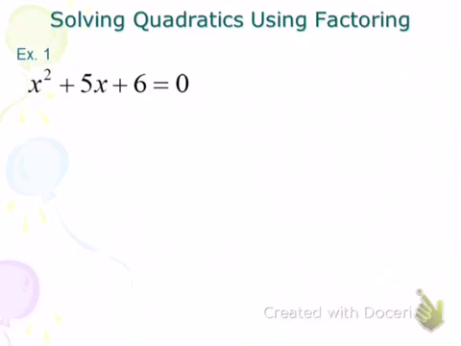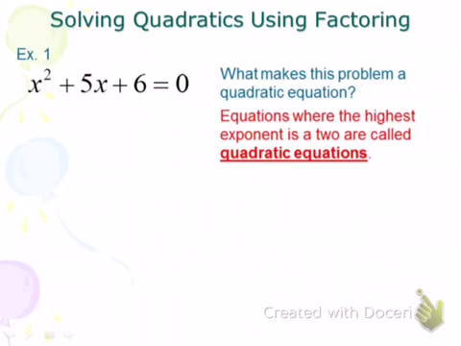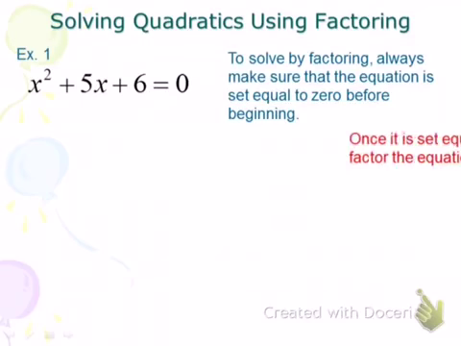So we have to remember our factoring skills here. This is a trinomial, so if you find the factors of 6 that add up to 5, what are the factors of 6 that add up to 5? 2 and 3. So this will factor as x plus 2 times x plus 3.